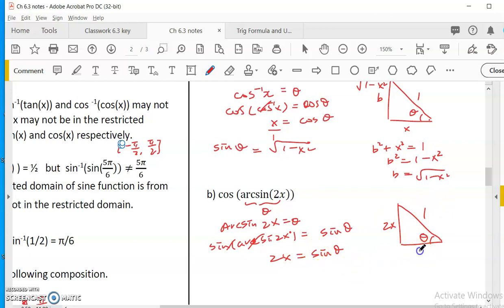So what is b? b squared plus 2x all squared equals 1, so b squared is 1 minus 4x squared, since 2x times 2x is 4x squared. So b is the square root of 1 minus 4x squared. But I want cosine theta, which is b over 1, so that's just the square root of 1 minus 4x squared.